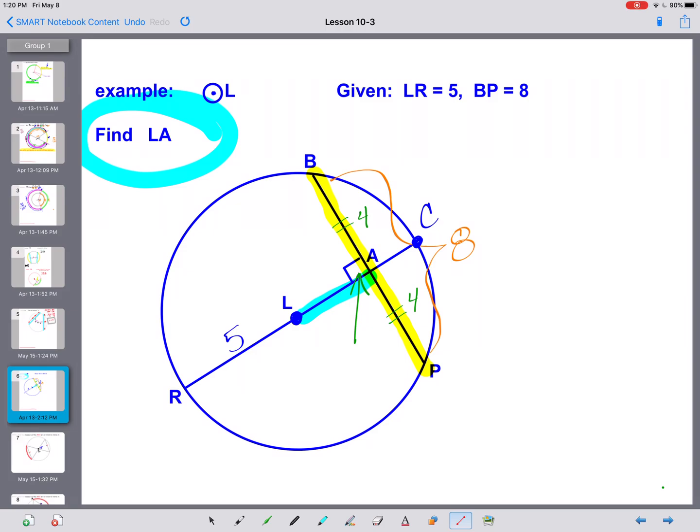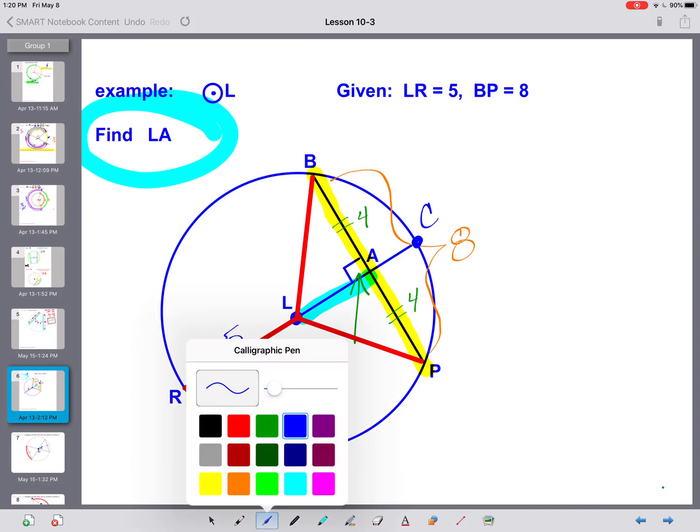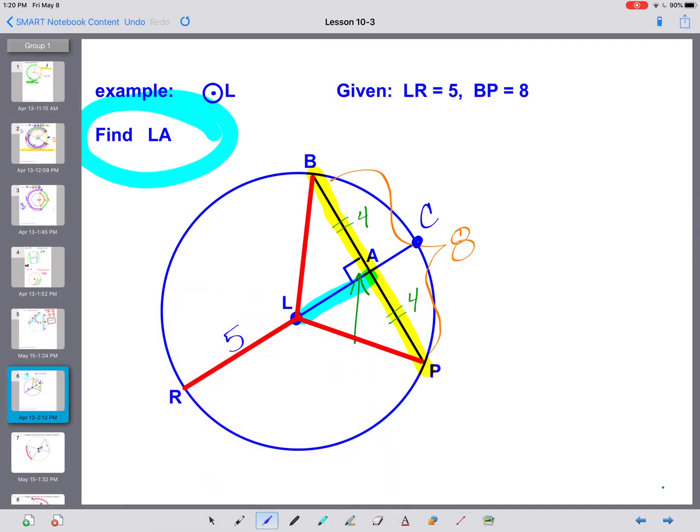I could draw it in here, and I can draw it in here. Those two lines that I just drew, what are they? Yeah, they're the radiuses. All the radiuses in a problem are all the same. If LR was 5, they gave that to us, well, that's 5. That's 5.